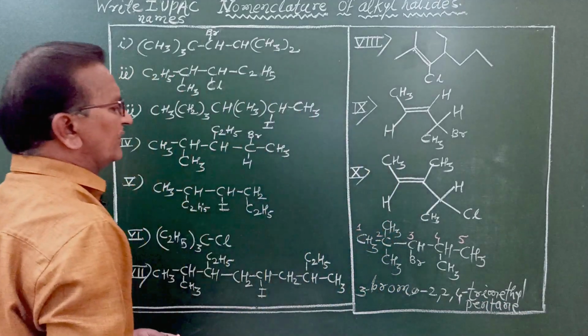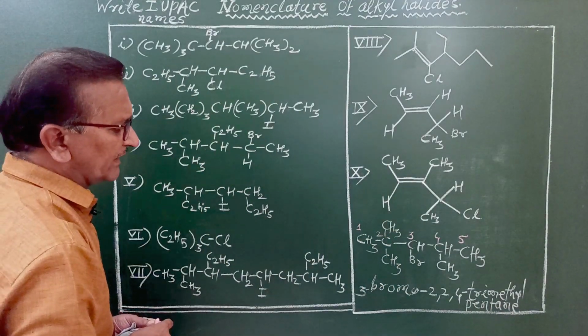So this is the name of the first compound: 3-bromo-2,2,4-trimethylpentane.